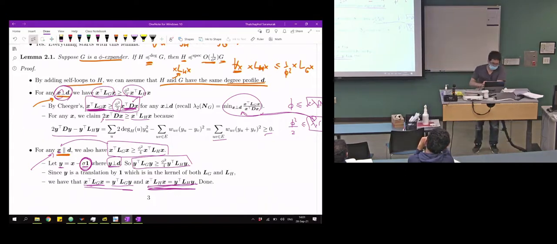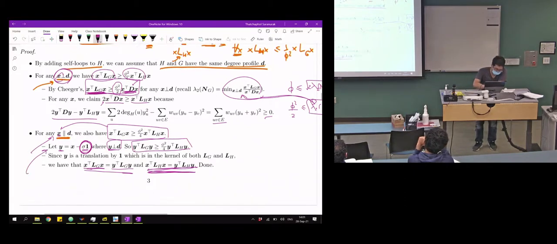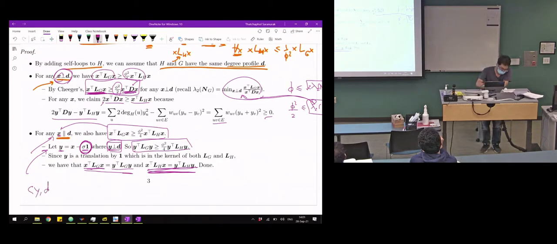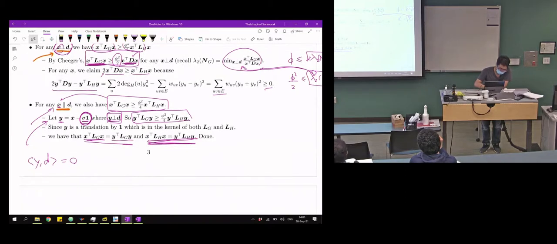Just to make sure that you understand, what does it mean for Y to be orthogonal to D? Well, it's just that this thing is 0, right?